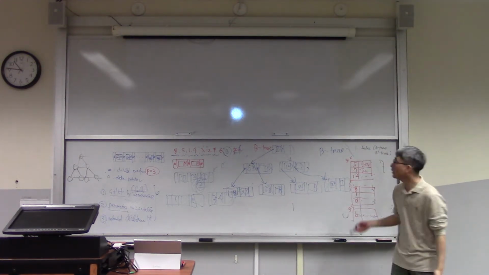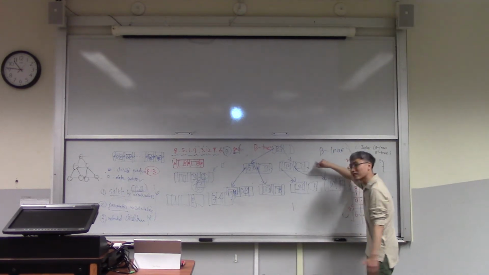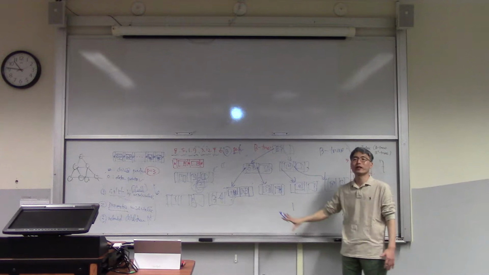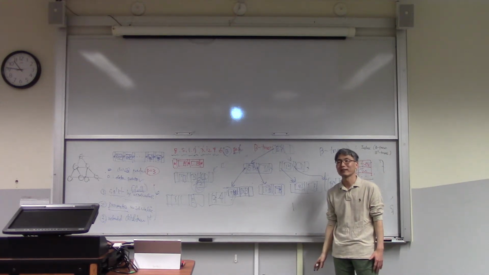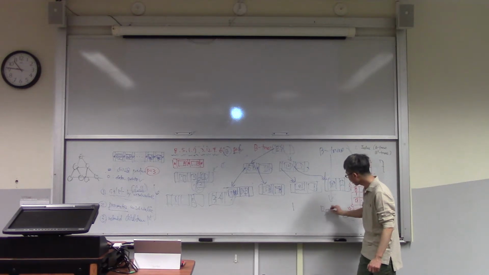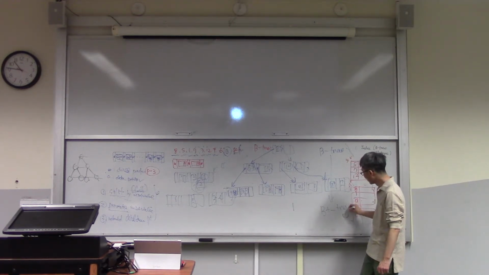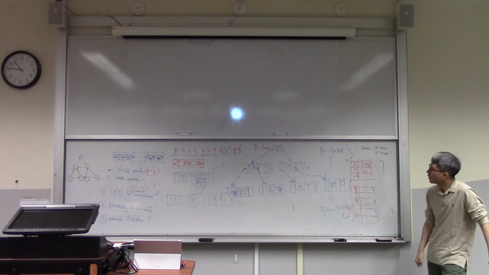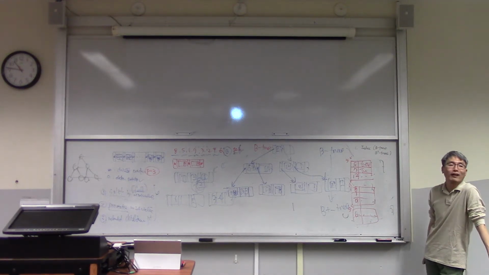Okay? So B-tree is balanced overall, but for each, it's not fully balanced yet. Okay? So, to address that, we can make it fully balanced, that is B plus tree. Idea. How can we make it fully balanced?